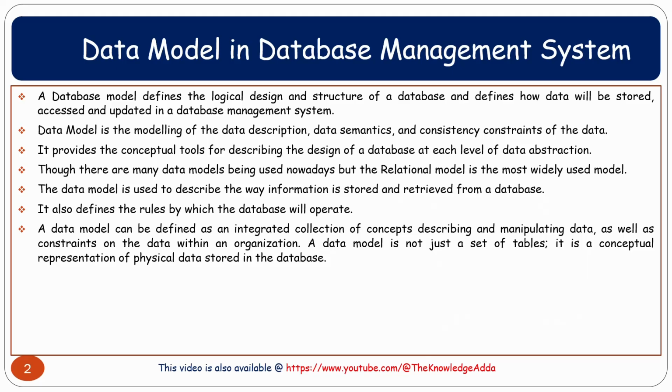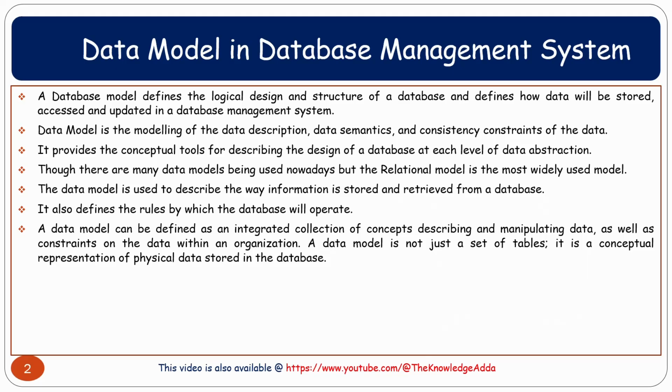The data model is used to describe the way information is stored and retrieved from the database, and it also defines the rules by which the database will operate. We can also say a data model can be defined as an integrated collection of concepts for describing and manipulating data, as well as constraints on the data within an organization.